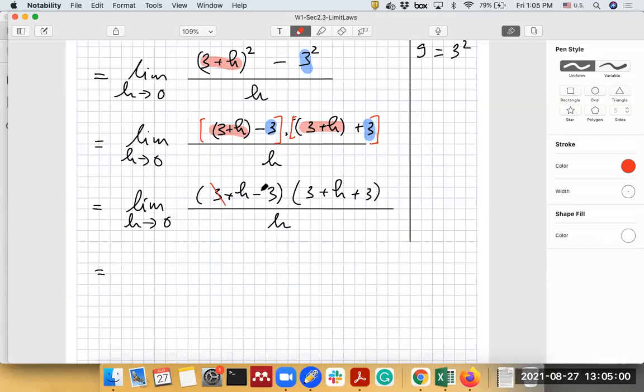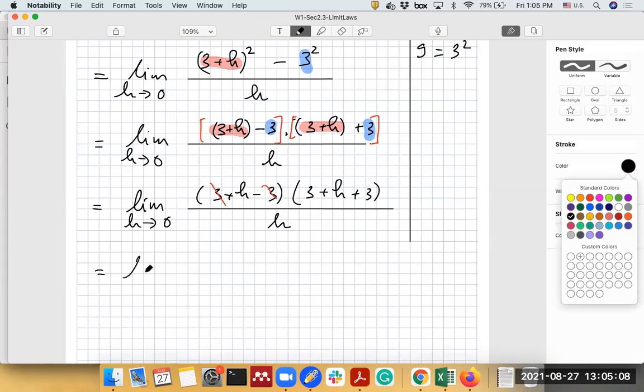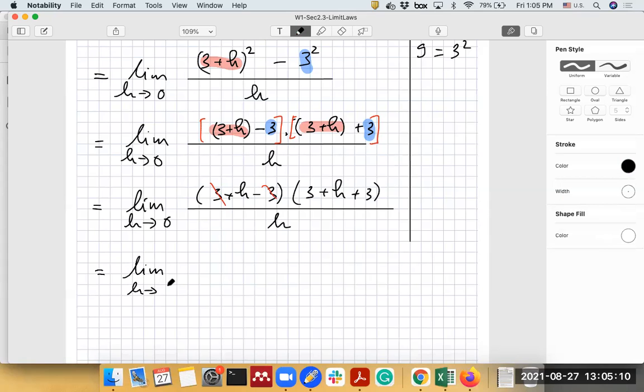Yeah, this cancels with this, right? And therefore, how does it become? Very good. And times, yes, we can sum them up. H plus 6 divided by h here.